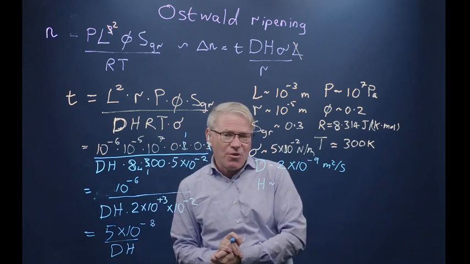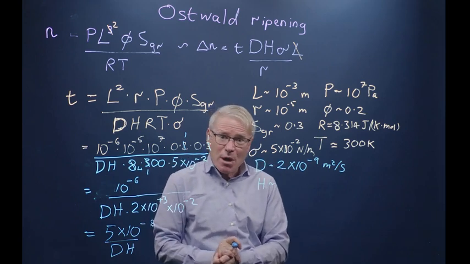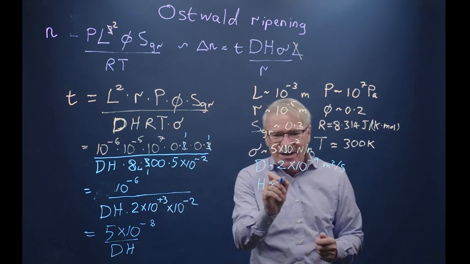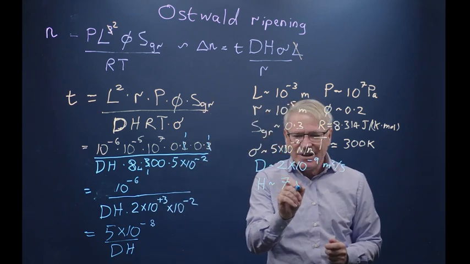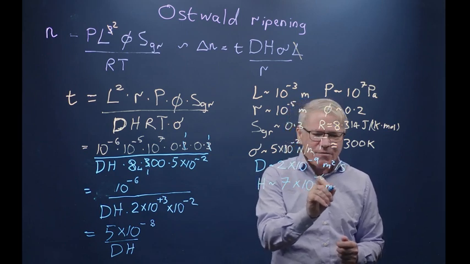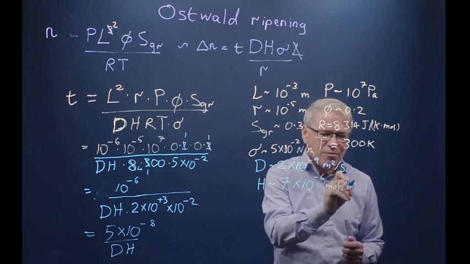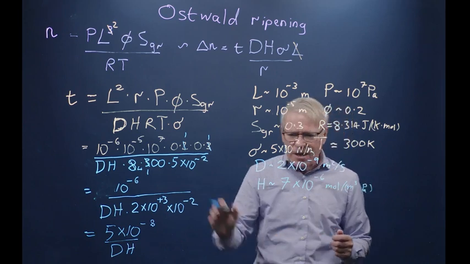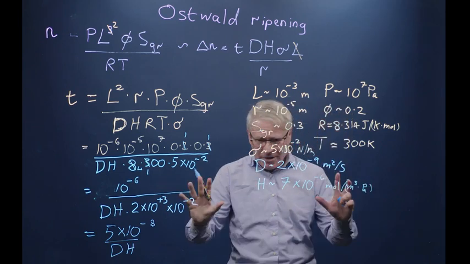So Henry's constant is moles per meter cubed per Pascal. So it's a little bit of a strange beast. Okay, so it's 7 times 10 to the minus 6 moles per meter cubed per Pascal. Just check that. That looks okay.